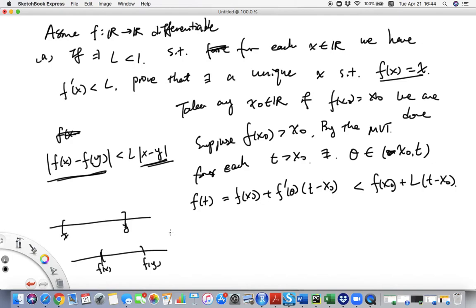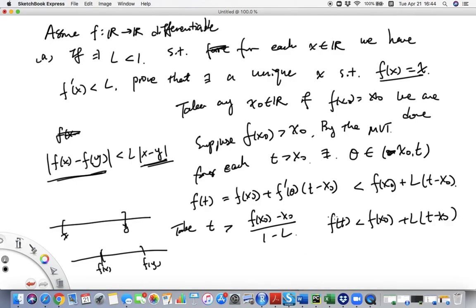So if we take t greater than f of x0 minus x0 over 1 minus L, then we get that f of t is less than f of x0 plus L times t minus x0.